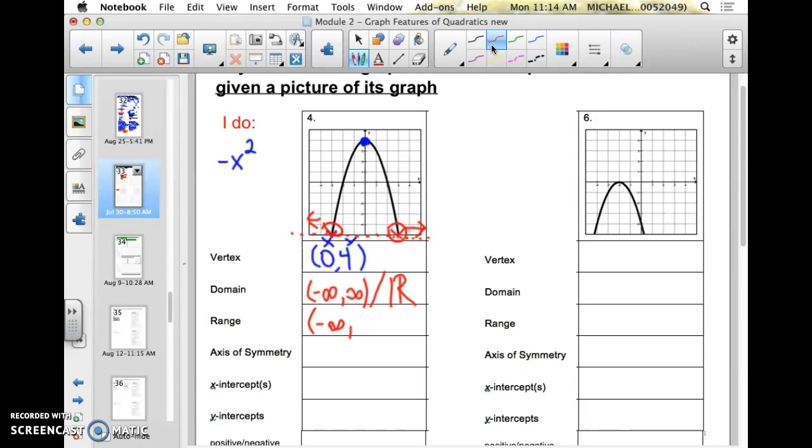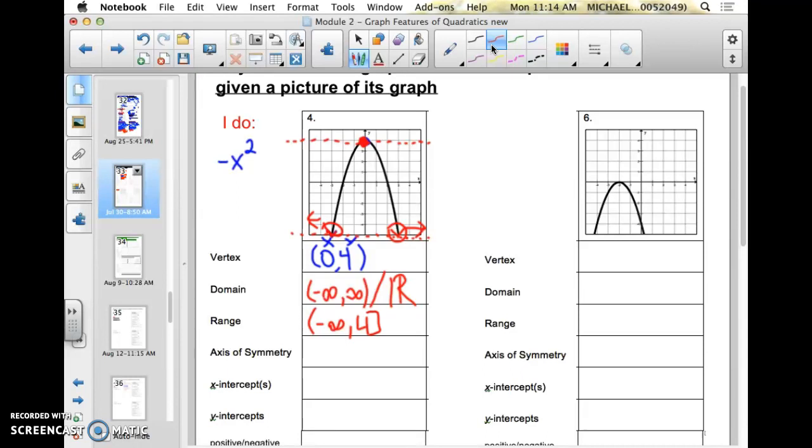The ceiling, or the highest y value that exists in this function, is up here. The y value of the vertex is 1, 2, 3, 4. So the highest y value that exists in this function is 4. And it's a closed dot on that vertex, which means 4 is included in the range, so I have to bracket it, not use a parenthesis on the ceiling. And that is the range of the function.